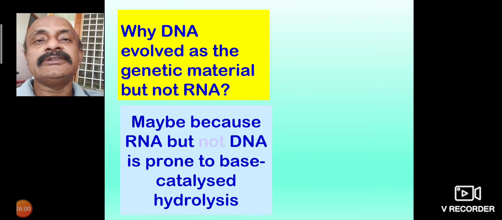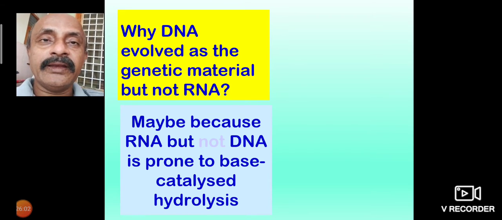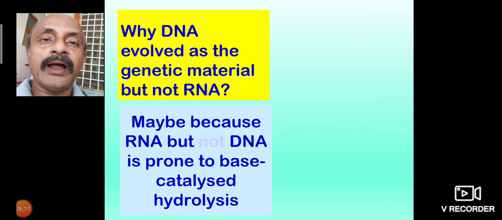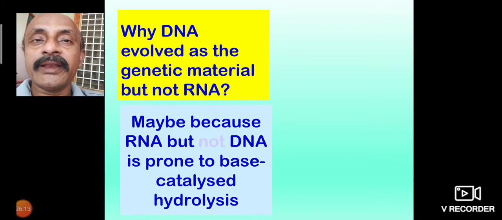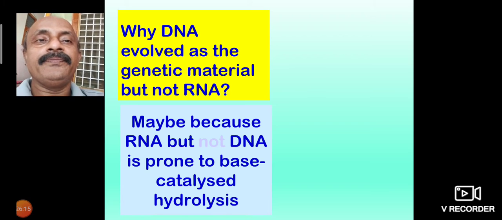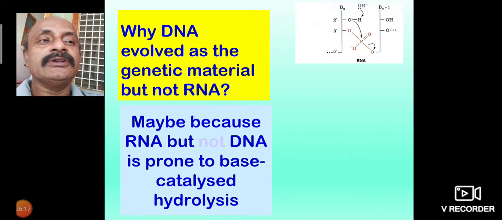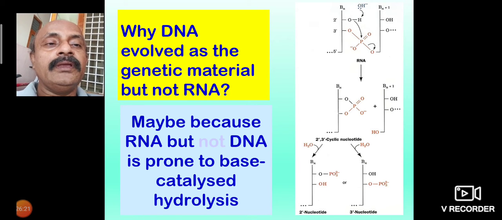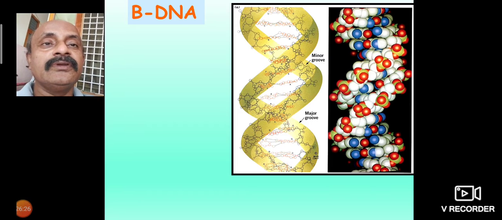The RNA is the genetic material of RNA viruses. Remaining all have DNA as genetic material. Only in RNA viruses is RNA the genetic material.